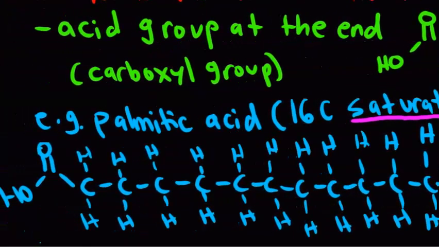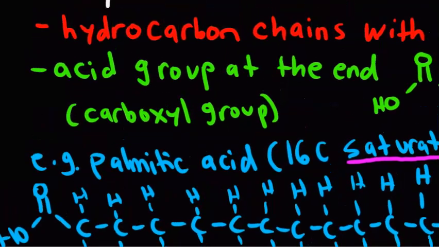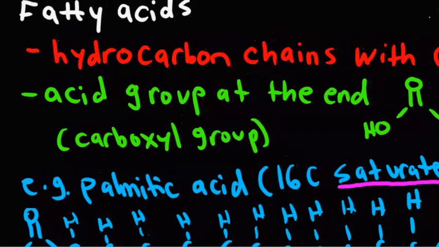Okay, so these molecules pack close and stack over each other, and they're solids at room temperature. Think of animal fats like butter, for example, right? Like butter and animal fats, they are rigid. Okay, so that's an example of saturated fatty acid.